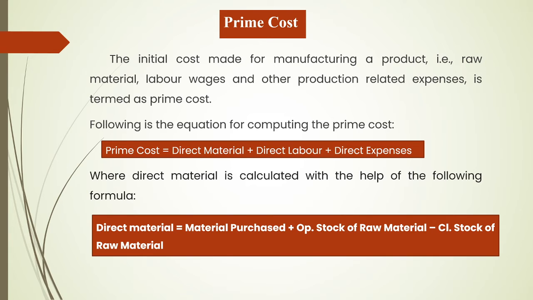Students, cost of material consumed plus direct labor plus direct expenses is known as prime cost, where direct material is calculated as opening stock of raw material plus purchase of raw material plus expenses on purchase of raw material minus closing stock of raw material less purchase return less sales of scrap or defective raw material, which is known as direct material or cost of material consumed.